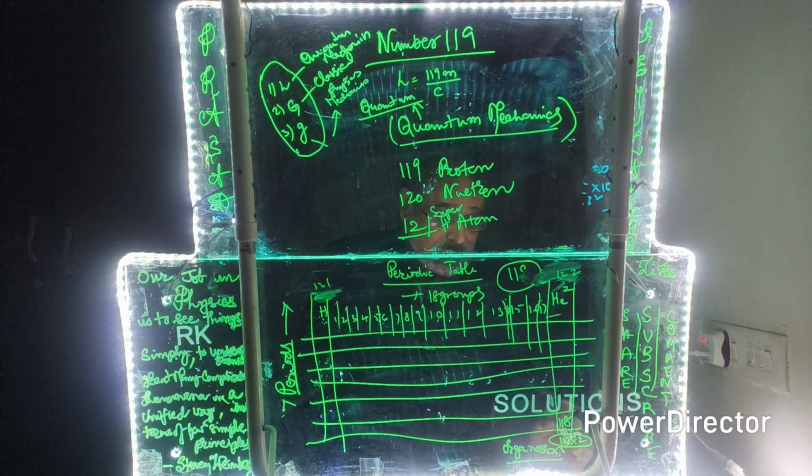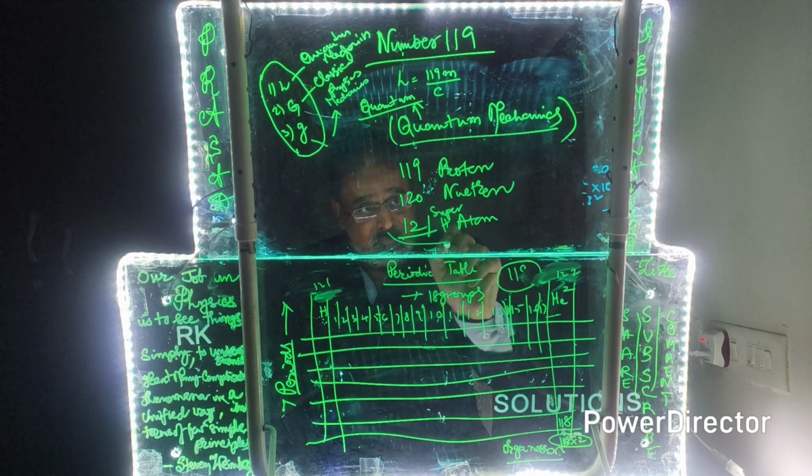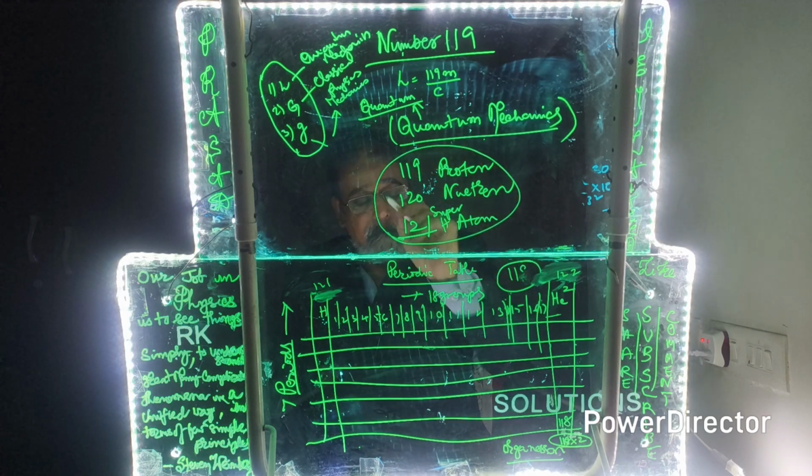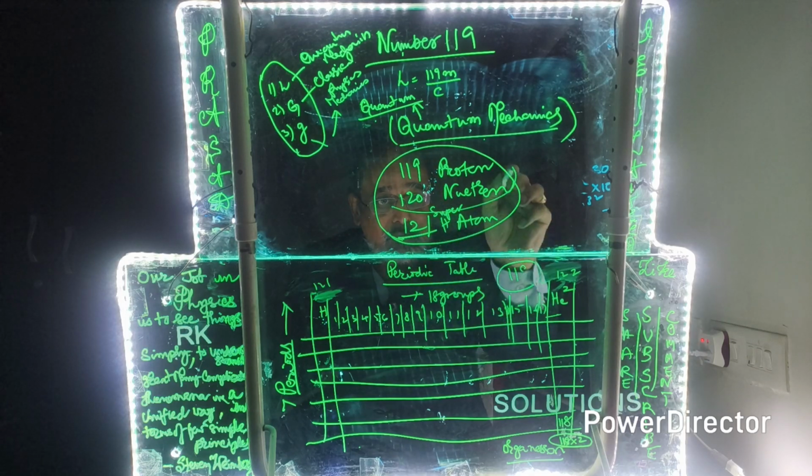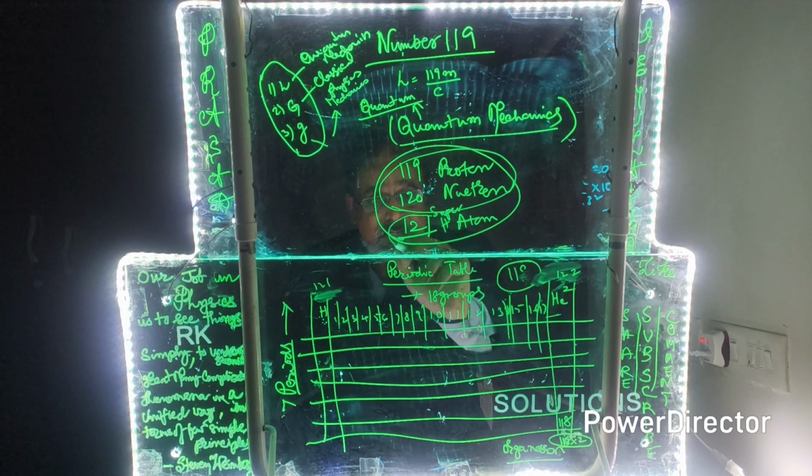Supposing that the present table is ending at 118, these three form the nucleus, these two form the nucleus, and 121 will be the atom, the first element, superhydrogen of the next periodic table. So that's the importance of 119.